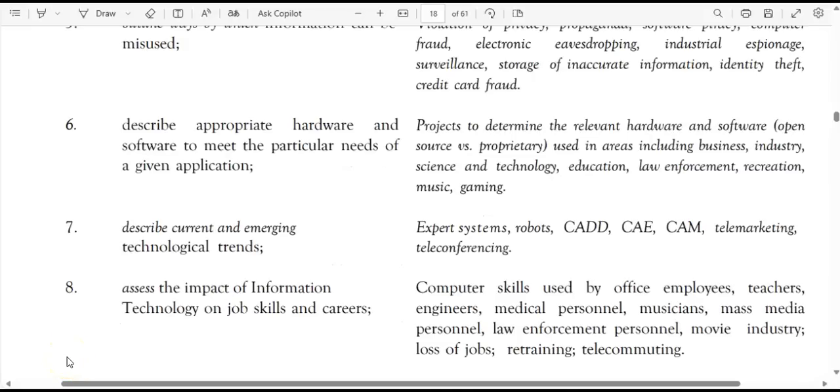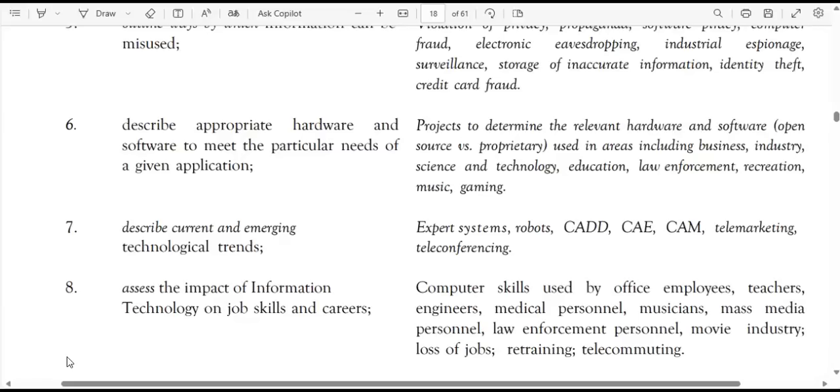Now, when we talk about hardware, we're talking about the physical components of a computer system. Example, CPU, the RAM, the hard drive, the keyboard, etc. When we talk about software, we are referring to programs or applications that perform specific tasks.